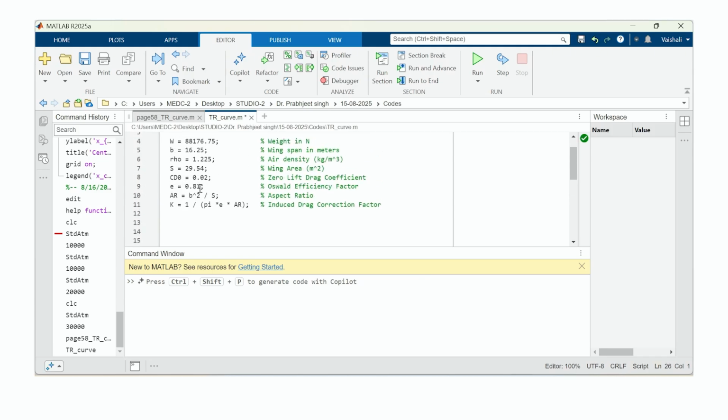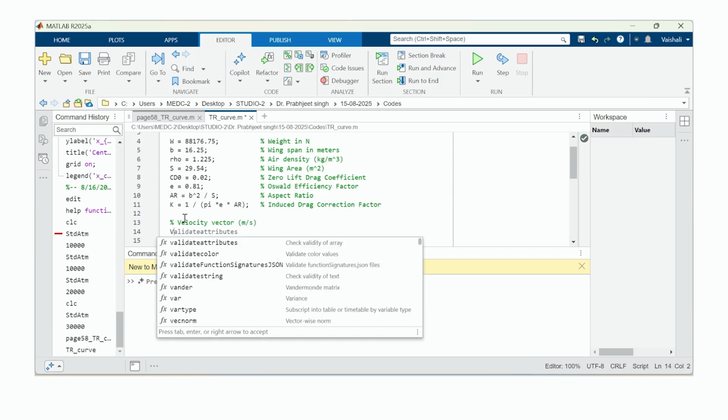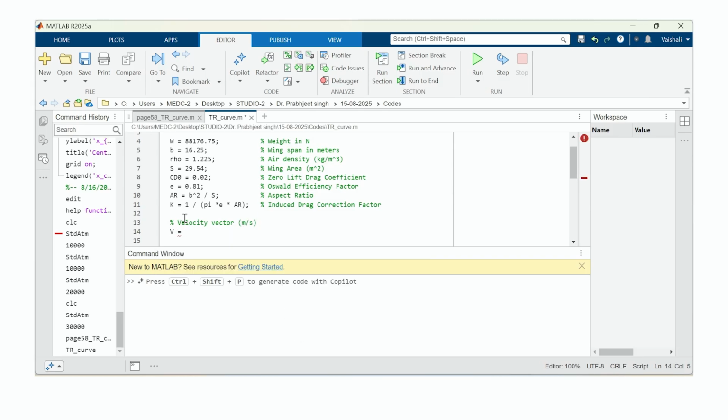Now we need to create a velocity vector, in meters per second. V equals, let me define here, linspace.